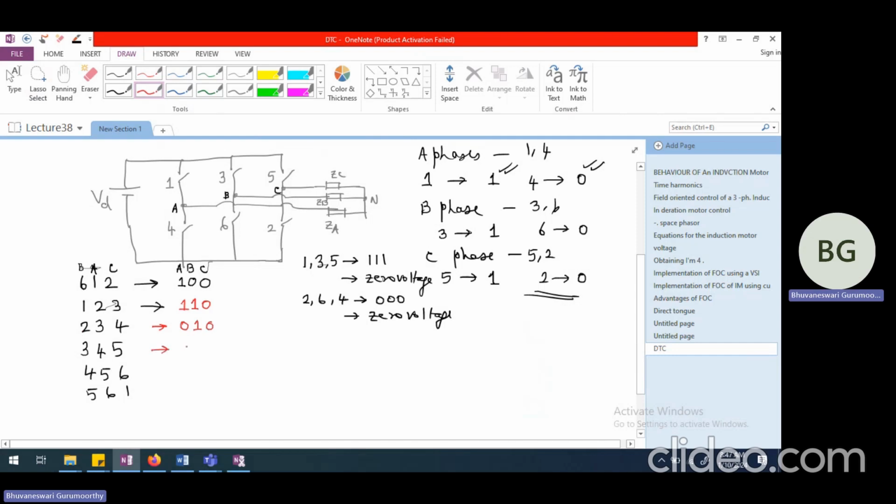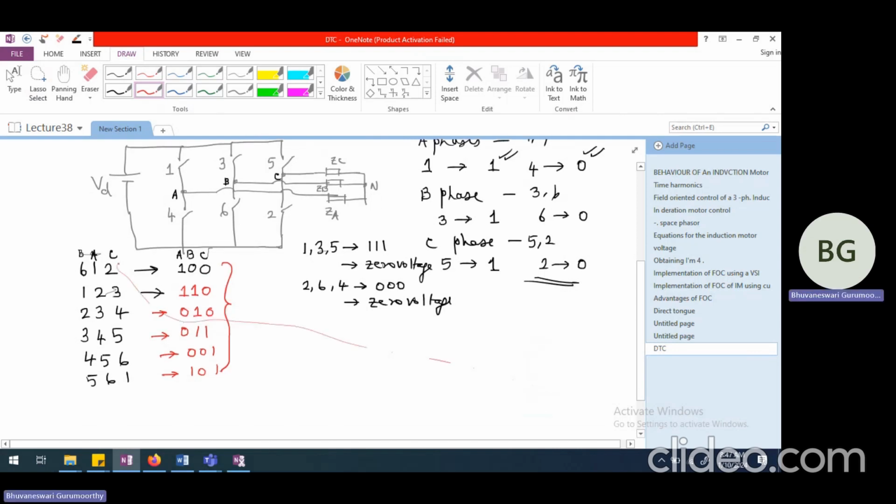Then 3, 4, 5: 4 is 0 in A phase, then 1, 1. Then 4, 5, 6 is going to be 0, 0, 1. And 5, 6, 1 is going to be 1, 0, 1. I'm essentially showing that these correspond to the switch positions, which are either connected to the positive side of the battery or the negative side of the battery in ABC phases respectively.